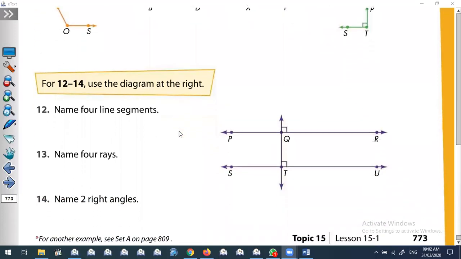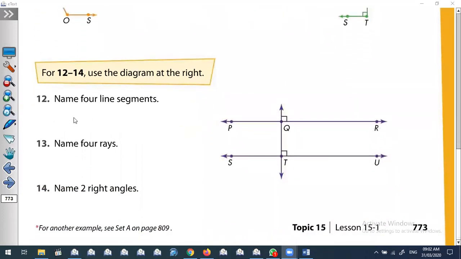Use the diagram at the right. Number 12. Name 4 line segments. It's very easy. Take any two letters like QR, QP, QT, TU, TS.